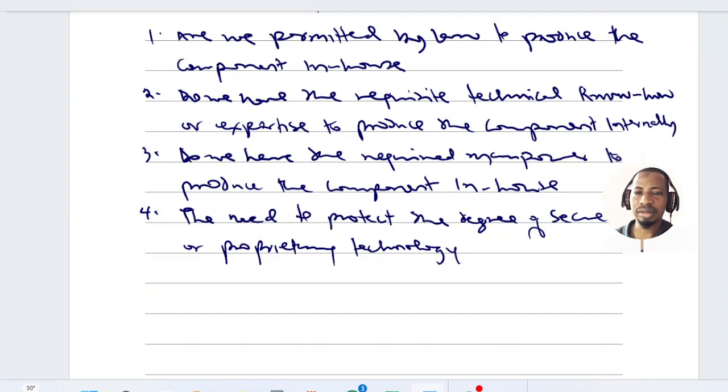As a company, you want to protect the degree of secrecy underlying your product.